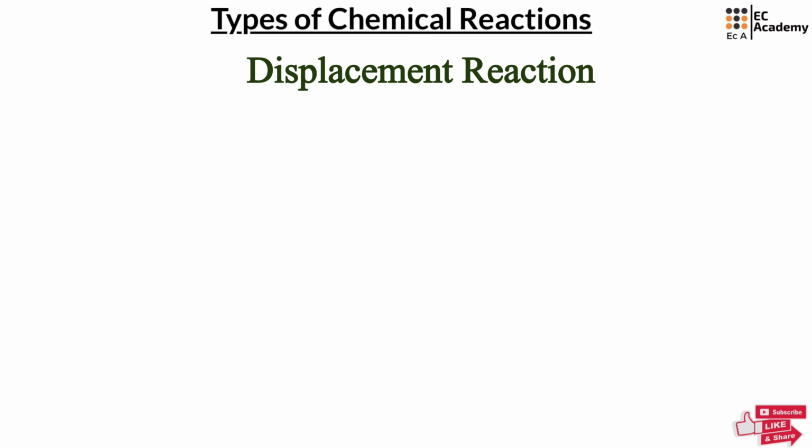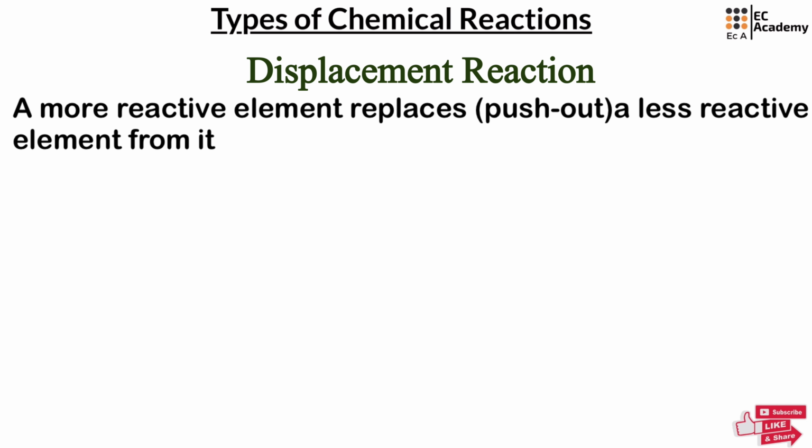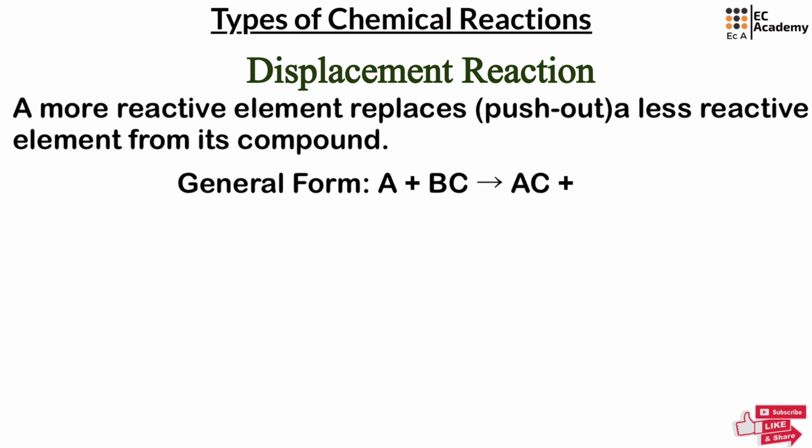Now let us look at a very interesting reaction. A more reactive element pushes out a less reactive element. This is called a displacement reaction. The general form is A plus BC will produce AC plus B. So here one element replaces another.